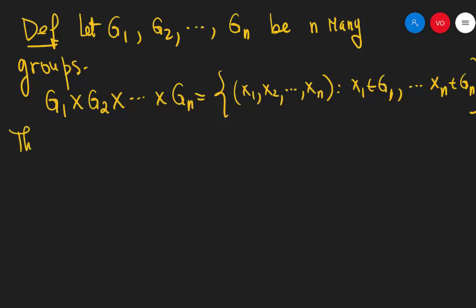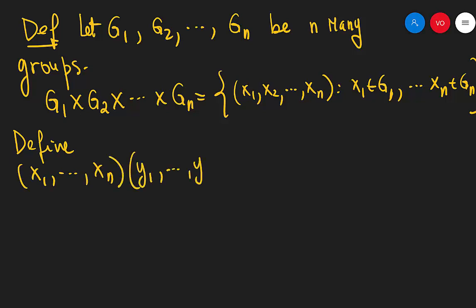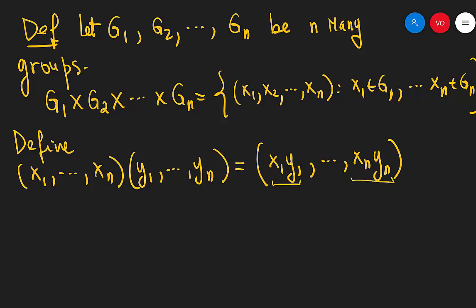And then we will define this operation. Next, we define the operation x1 all the way till xn combined with y1 all the way till yn as the operation obtained by taking the product of each of them component wise, where it should be clear that all of these operations can be completely different, right? So this is the operation in the first group G1, the operation in G2 all the way till the operation in Gn.